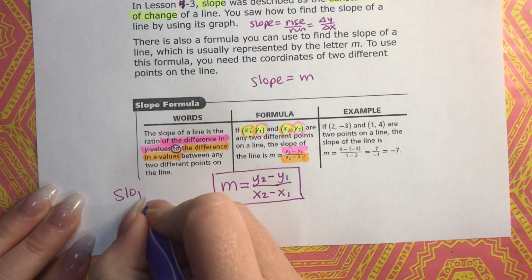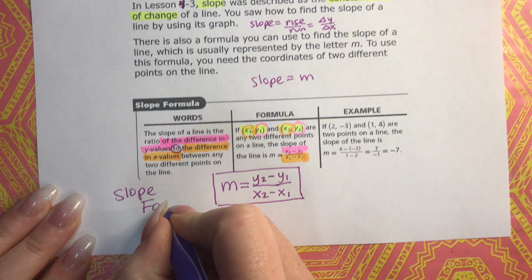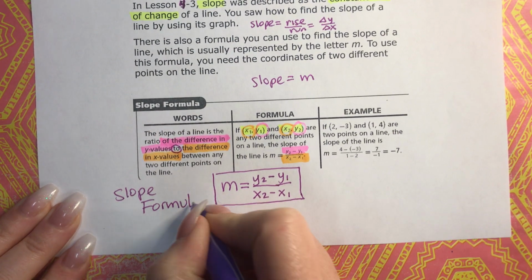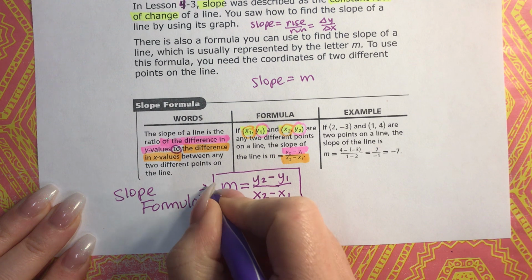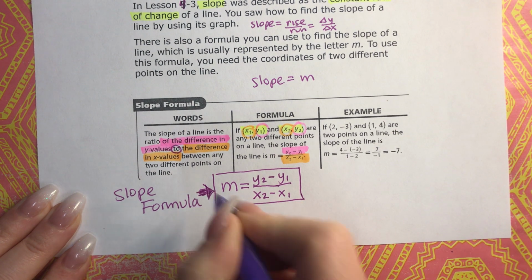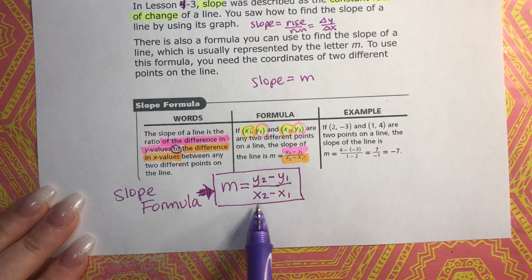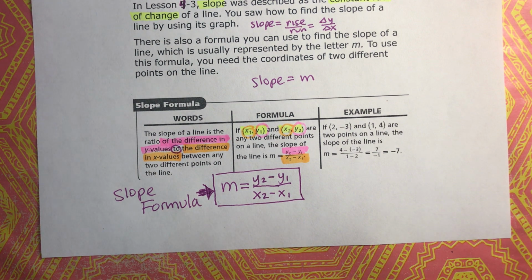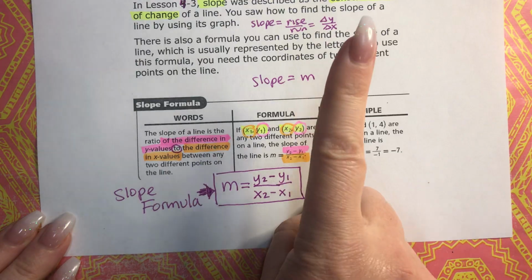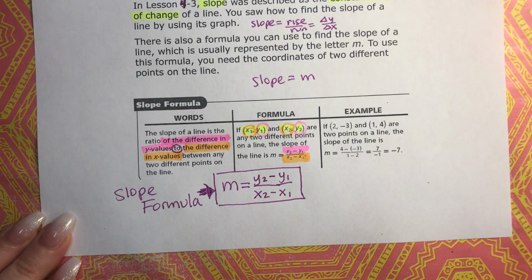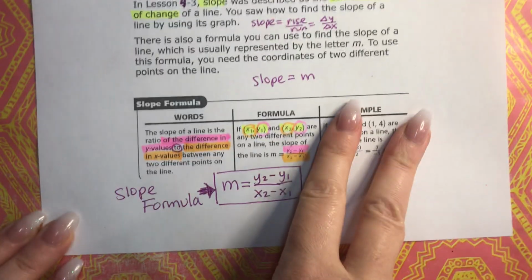Okay, slope formula. You really need to memorize this. M equals y2 minus y1 all over x2 minus x1. Say that 5 times fast. M equals y2 minus y1 all over x2 minus x1. That's 1 time. That's 2 times.